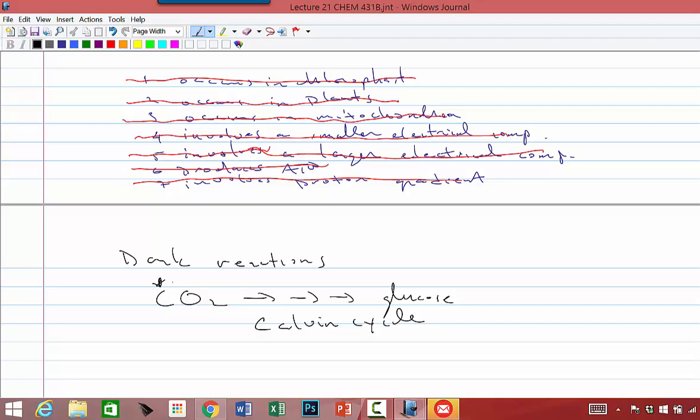Anabolic. This is an anabolic pathway. And also, is this going to be a reductive pathway, or is it going to be an oxidative pathway? In other words, are your final products going to be more reduced compared to your substrates, or are they going to be more oxidized?